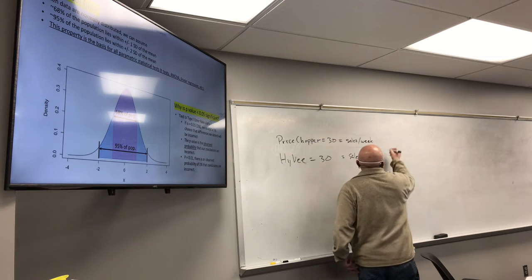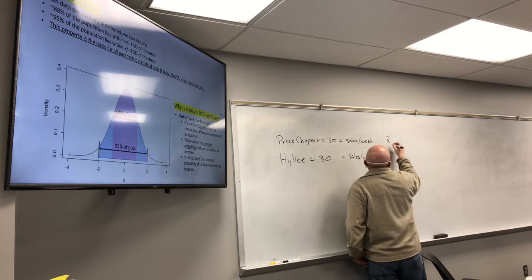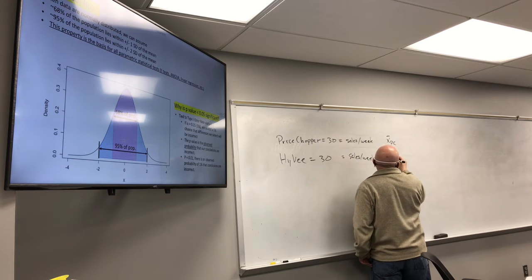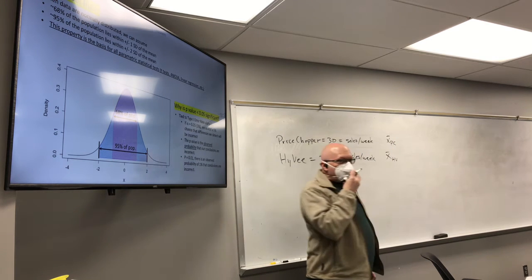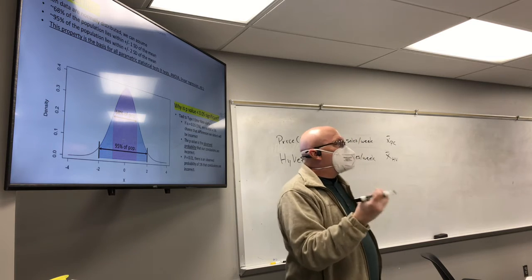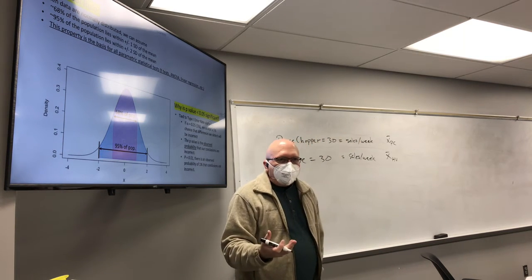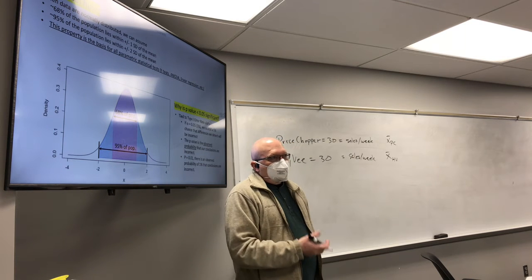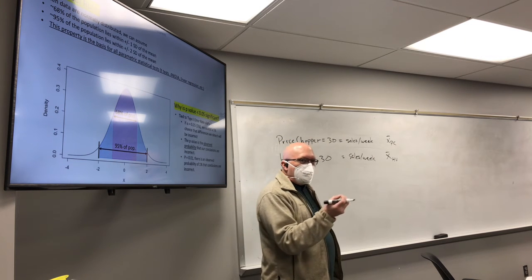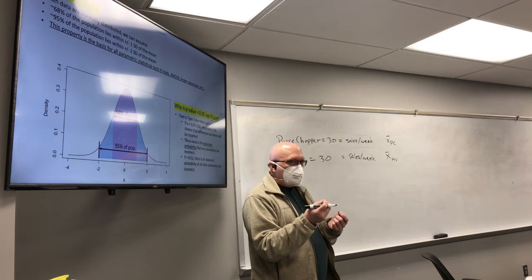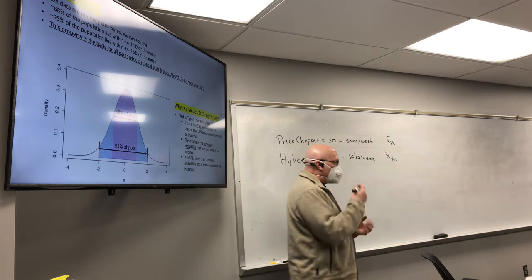So what I would do is I would get the sample mean from Price Chopper and the sample mean from Hy-Vee, and I would want to know, are these two means different? Well, the numbers are going to be different because it's just the nature of numbers. It's very difficult to arrive at exactly the same average from two independent samples.